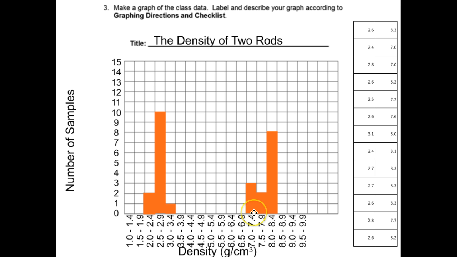And there is another set of rods that have a density between 7.0 and 8.4 grams per centimeter cubed. So from looking at this data, what I could conclude is that the 2 rods have 2 different densities, and so they are probably 2 different materials. And that is how you make a histogram, and that is how you draw conclusions from your histogram.